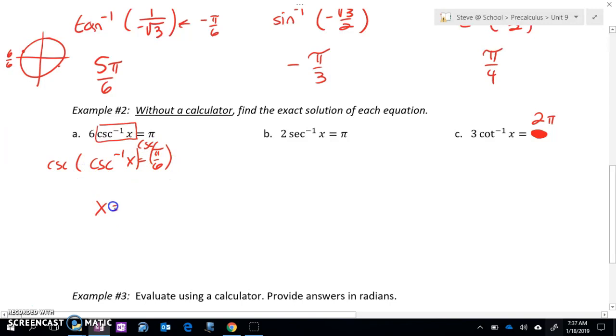So we get x is equal to the cosecant of pi over 6. This is just from before the quiz, knowing the value of cosecant at pi over 6. Well, in order to know the value of cosecant at pi over 6, you need to know the value of sine at pi over 6, which is 1/2. So x equals the flip of 1/2, which is 2.